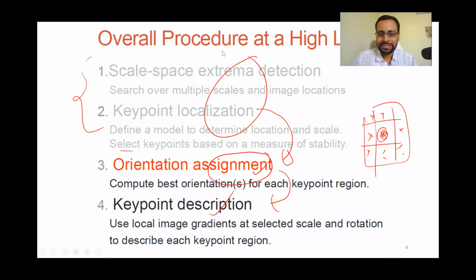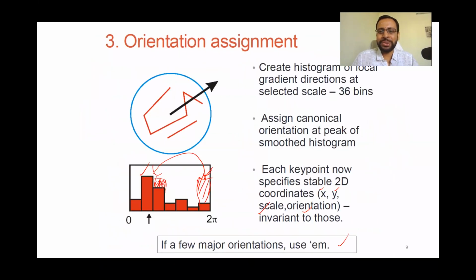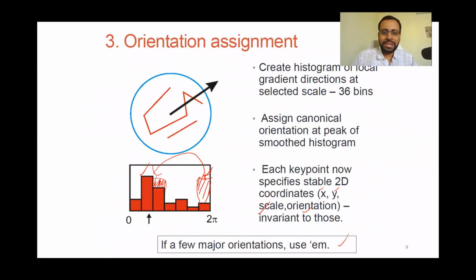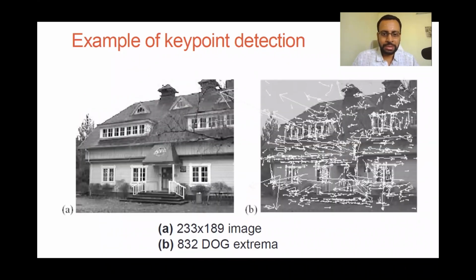Sir, can you repeat what is the purpose of giving weights to the bins of the histogram? So you mean why it is weighted by the magnitude? That's your question, right? Yes, sir. See, if I give you any image, just knowing the orientation doesn't tell you whether it's really a strong edge or not.